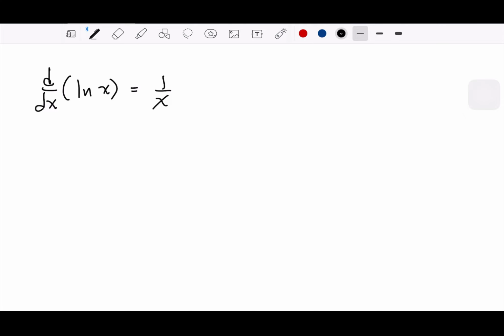So if f of x is 1 over x, then the antiderivative is ln x plus c.